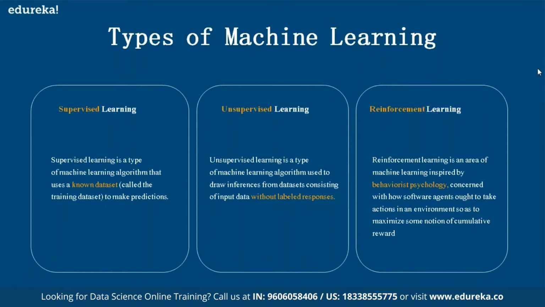The best example to talk about reinforcement learning is driverless cars, where a lot of organizations are now coming up with driverless cars. You don't need to drive, the vehicle itself will start driving. Such algorithms are built using reinforcement learning algorithms. These are the three primary categories of machine learning that we have: supervised learning, unsupervised learning, and reinforcement learning.